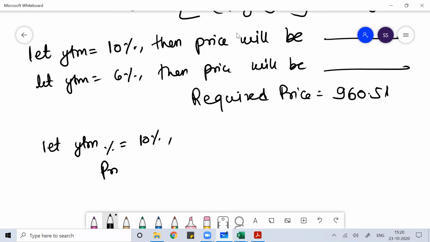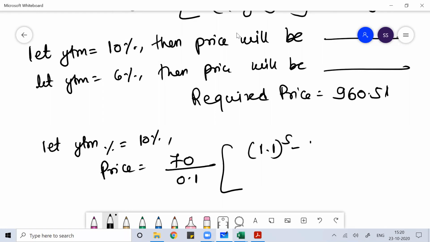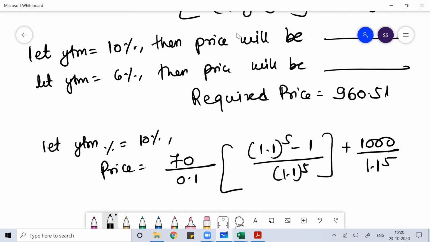Then your price is equal to coupon 70 divided by YTM 10%, times (1.1 to the power 5 minus 1) divided by 1.1 to the power 5, plus 1,000 divided by 1.1 to the power 5.